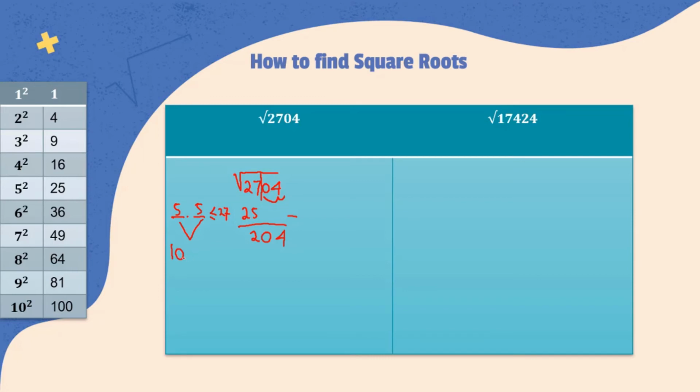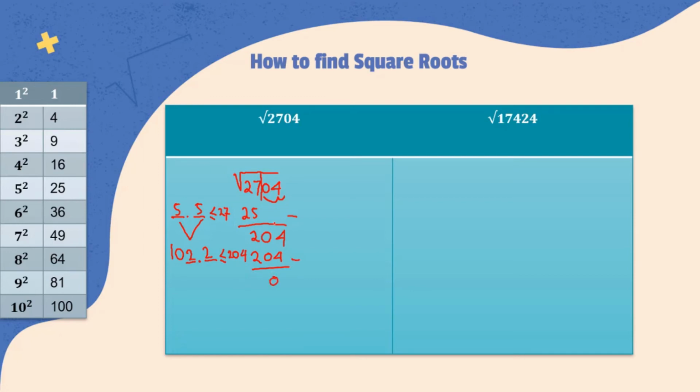And we have to find what number times what number is less than or the same as 204. That's 2. 102 times 2 is 204. So we put 204 right here.